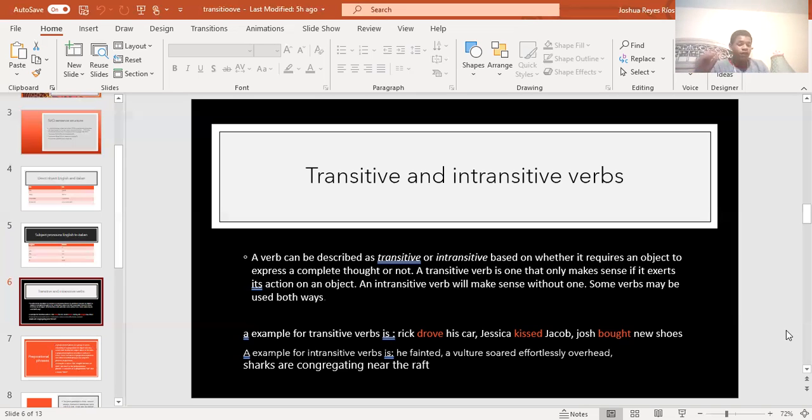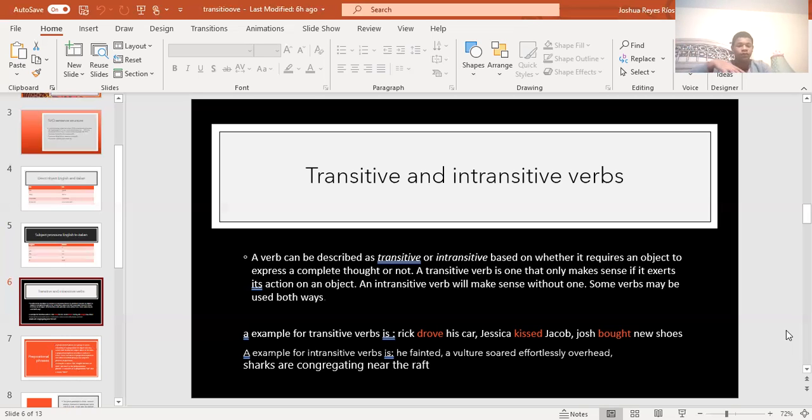An example for intransitive verbs: he fainted, a vulture soared effortlessly overhead, sharks are congregating near the raft. You see how it works without the object? He fainted. There's nothing really about that. A vulture soared effortlessly overhead.